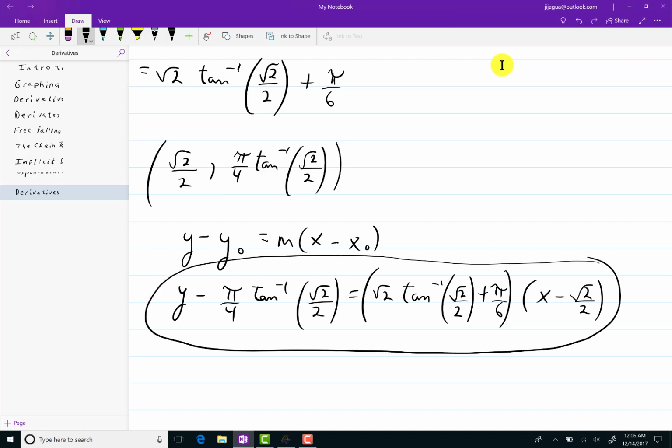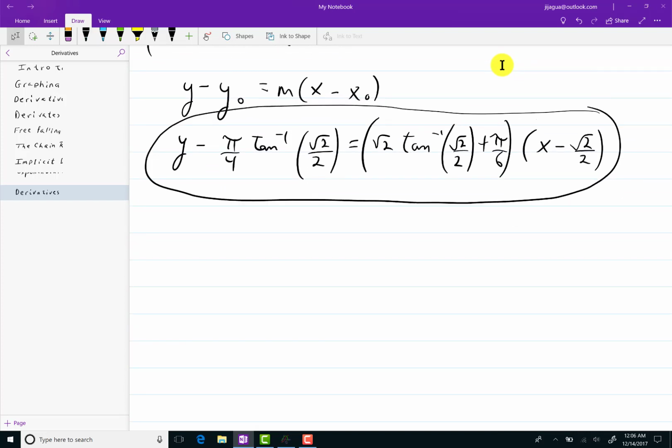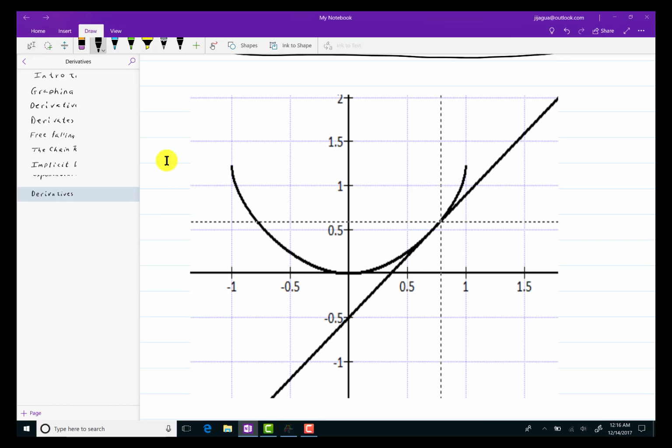Now, if I actually want to check this, graph it, and see if it gives me the answer, to write it in a notation that my computer will understand, I'll have to add this to both sides. It'll understand all this stuff. That's not a problem. Okay, I've taken the liberty of graphing the original function with this tangent line all at once. I simply added this stuff. This point right here is the tangent point.